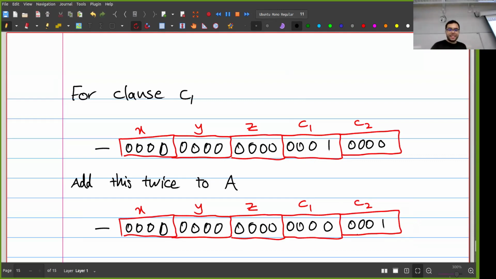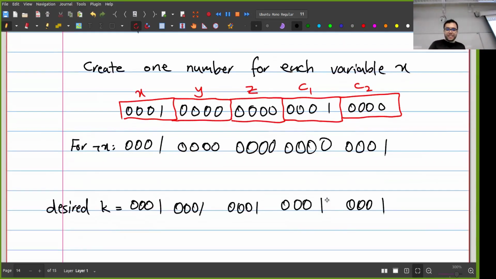And then I ask, is there a way to get a sum of some subset of numbers in A such that the sum is this desired value K in binary? And now you can see that in order to get that, I should have a 1 for each one of my variables. So it means that I have to take either that variable's number or the number of its negation. But then this might satisfy some clauses.